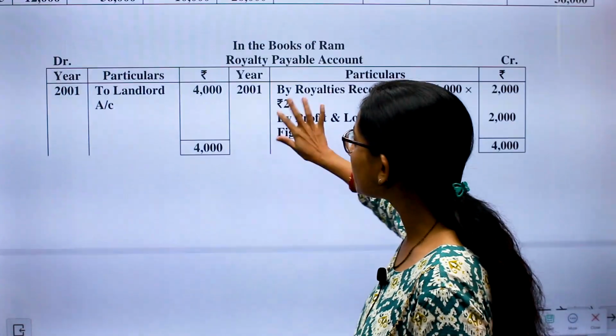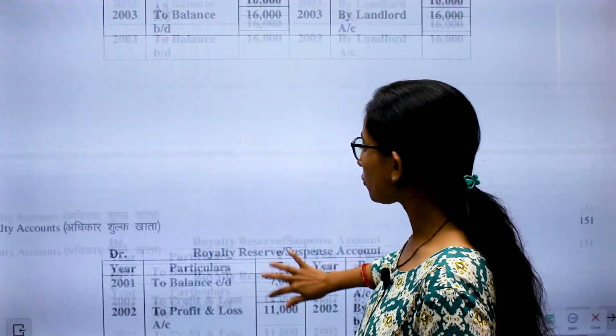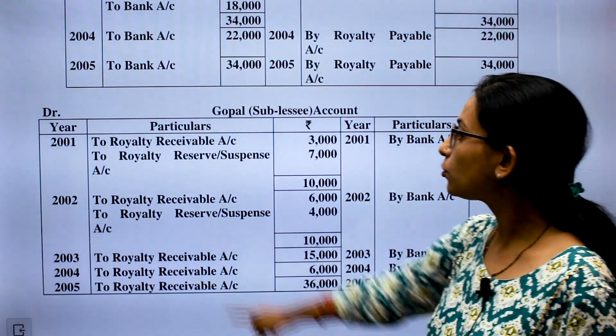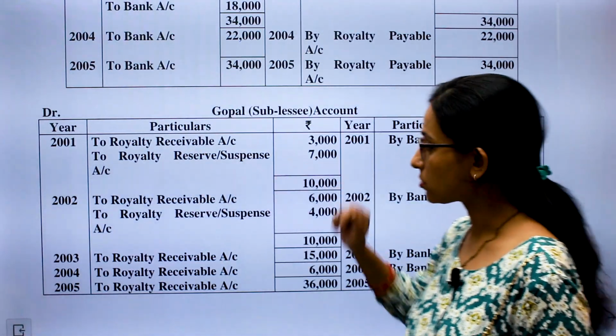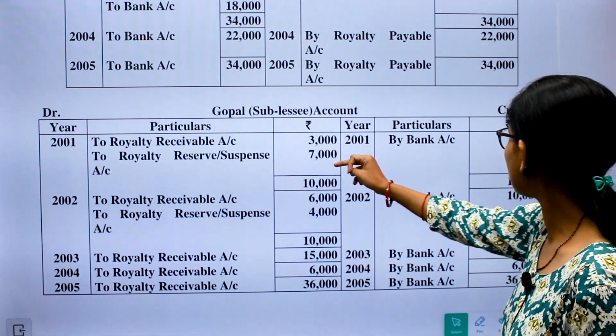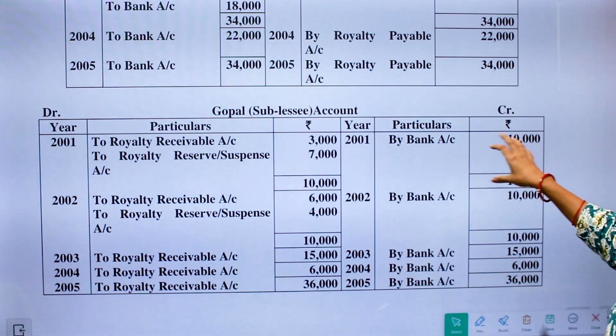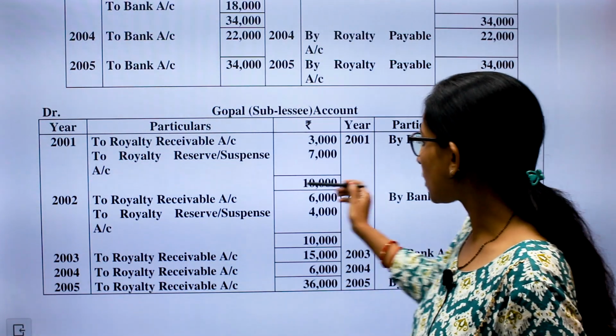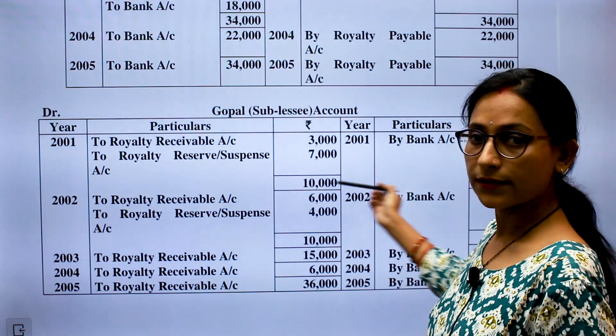So we will debit royalty receivable 3,000 and royalty reserve 7,000. So 3,000 plus 7,000 is 10,000. We are making the payment by bank account 10,000 in the first year. So this year is tallied with 10,000.